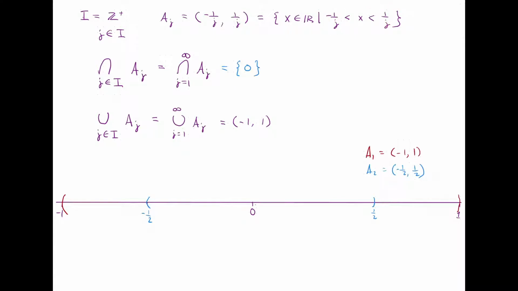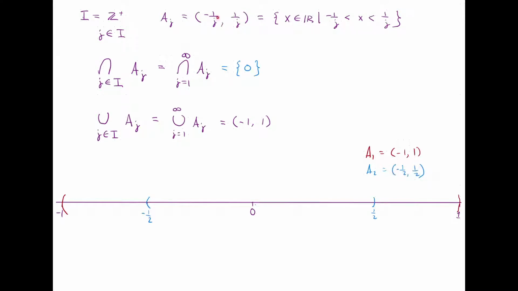We argued through intuition that if we took the intersection of all these sets, we just get back 0. And if we took the union of all of them, we would just get back negative 1, comma 1, because A2 is contained in A1. Looking over here, we have our A sub 1 set, that's negative 1, comma 1. Then A sub 2 is negative 1 half, comma 1 half.